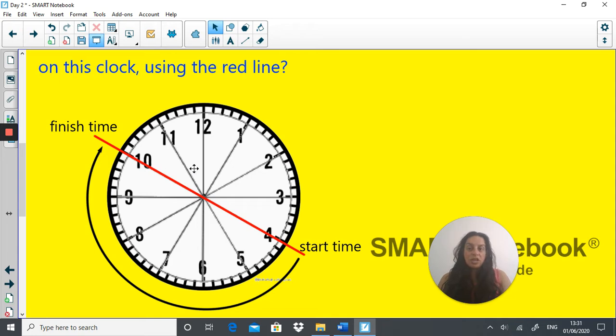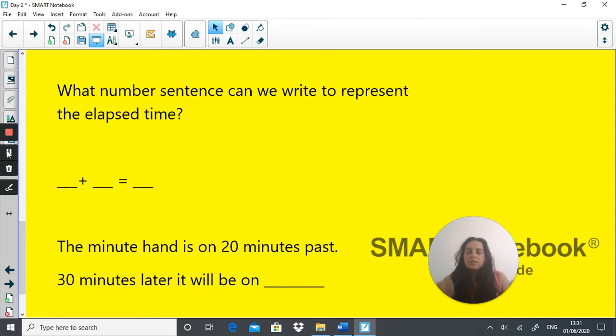Good, now let's go on to the equation. So what number sentence can we write to represent the elapsed time? Now, as you can see, as each slide goes on, there's more and more missing information. So just pause the video, look at this section here and fill in the missing gaps. Off you go.